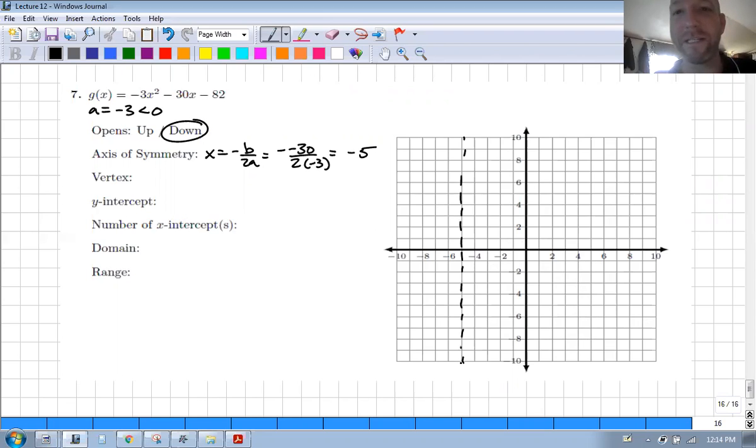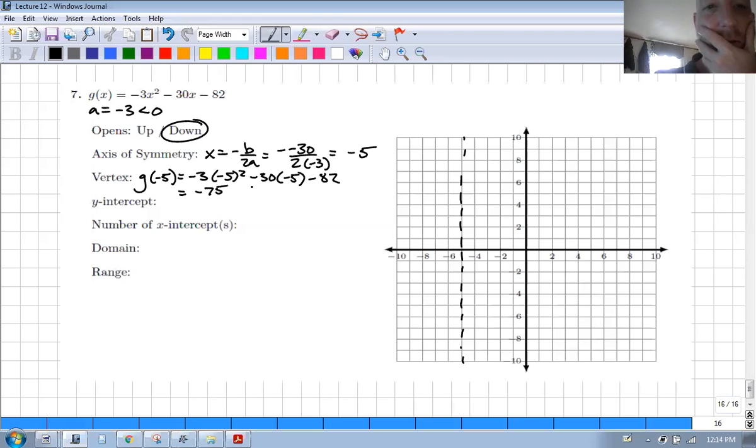Now, where does the vertex lie on that line? We have to take our -5 and plug it into our function. So we've got -3 times -5 squared minus 30 times -5 minus 82. So -5 squared is 25 times -3, which would be -75 plus 90 minus 82.